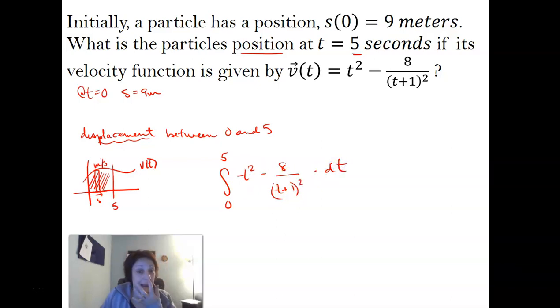Now listen, on the AP, this might very well be a calculator question, because honestly, on problems like this, what they're after is if you know how to go from velocity to displacement, not necessarily trying to figure out if you know how to do a definite integral, or maybe they just don't want you to take the time to do it. If it's a calculator question, you can absolutely go straight to the calculator, plug this in, get a decimal answer, and be done.